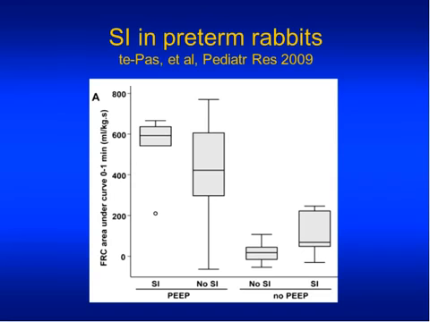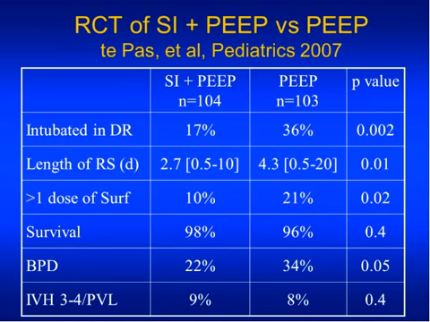So there's been a lot of interest in sustained inflation in the delivery room as a means of facilitating transition to extrauterine life, and there are several clinical trials that suggest that it may be of benefit, but we're not quite there yet.